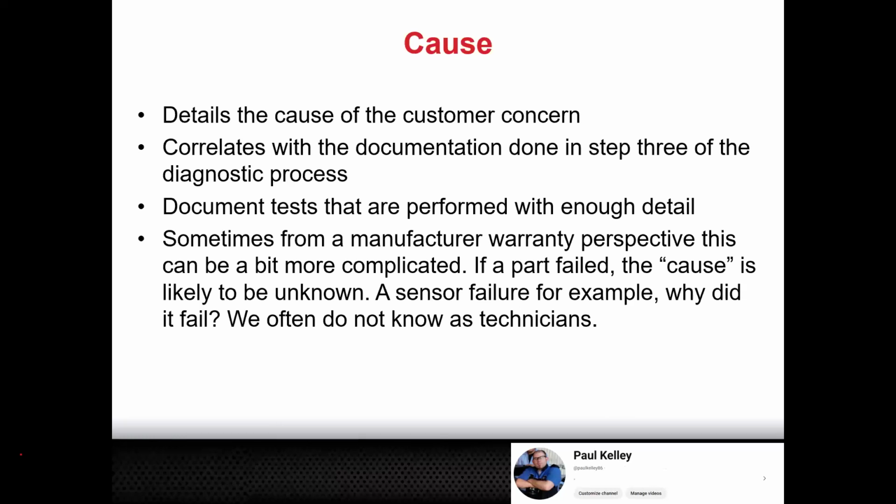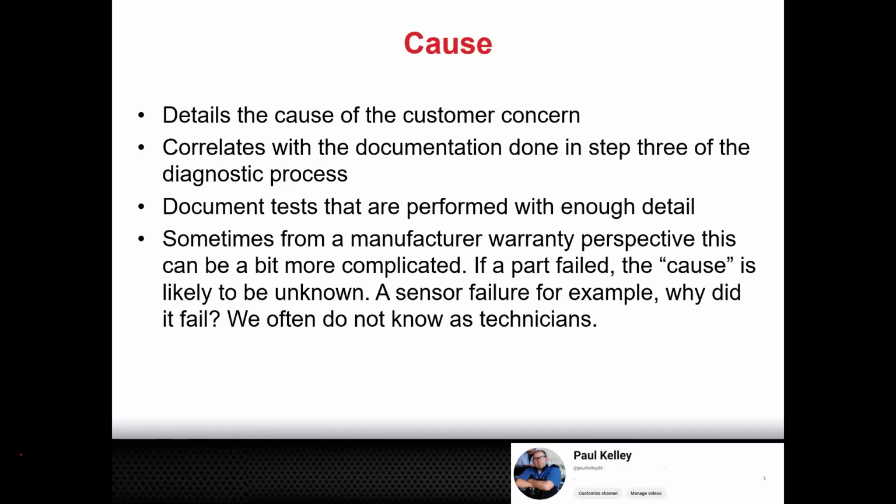So let's just say it was that blower motor or a temperature sensor. Sometimes what they can mean by cause is what caused the part to fail. Do you know what caused the blower motor to fail? Do you know what caused the sensor to fail? And the truth is, as technicians, generally, we probably don't know.